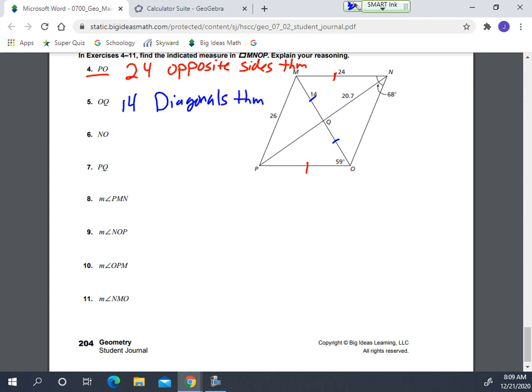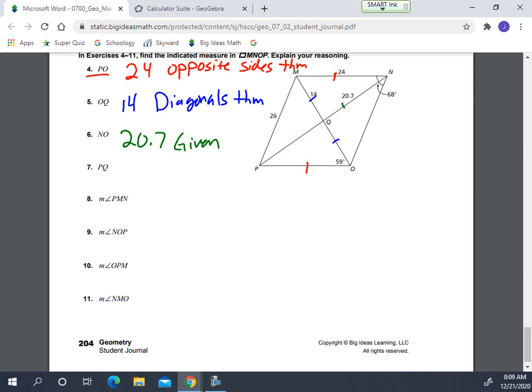Okay, these are all parallelogram something something theorem. So right now, I'm just going to say diagonals. NO, where is NO? Find that for me. NO is 20.7. Oh, they give that to us. Nice. I'm going to say 20.7. It really isn't a theorem. That's just given.